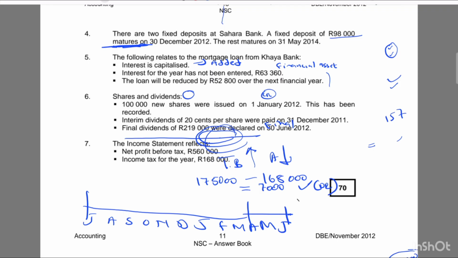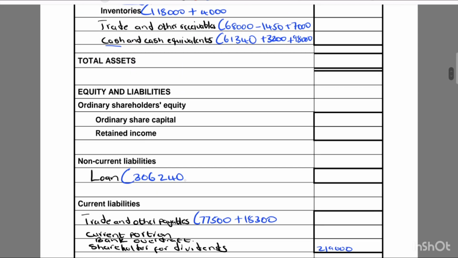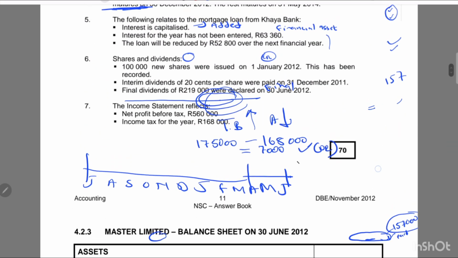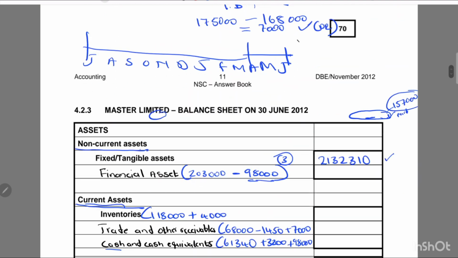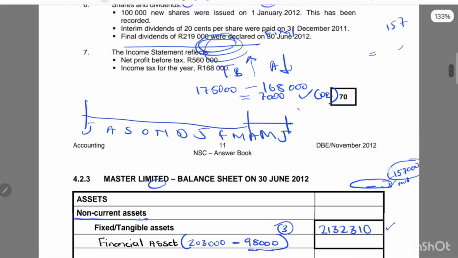So we have to go back and enter it now. Let's go now and increase it. 63,000. I think 240. We are given that interest. Oh, sorry, it's not 240, but it's 360. All right.